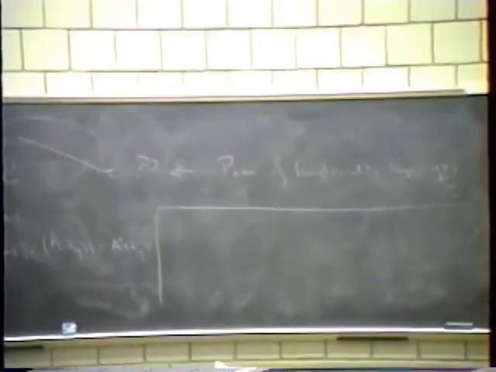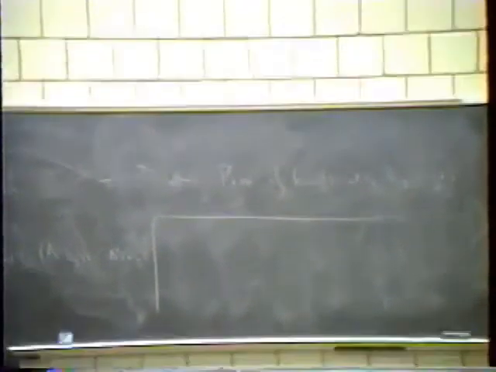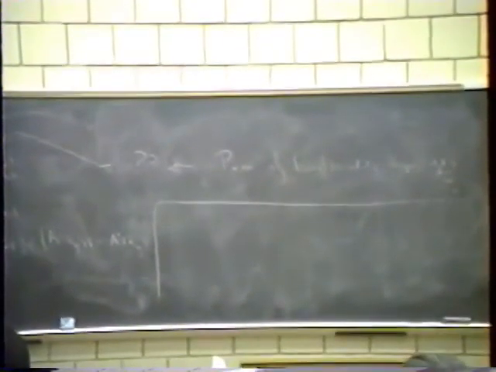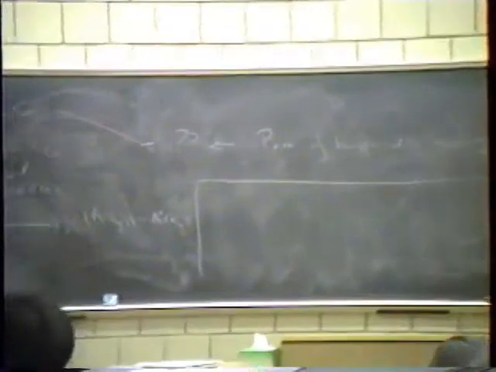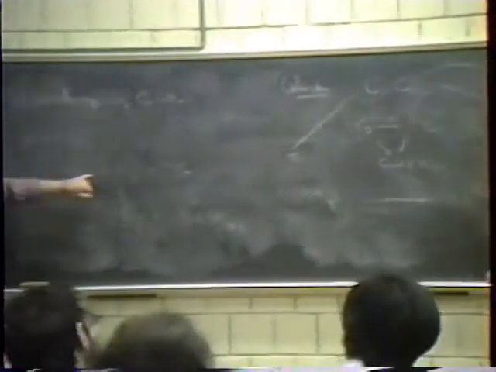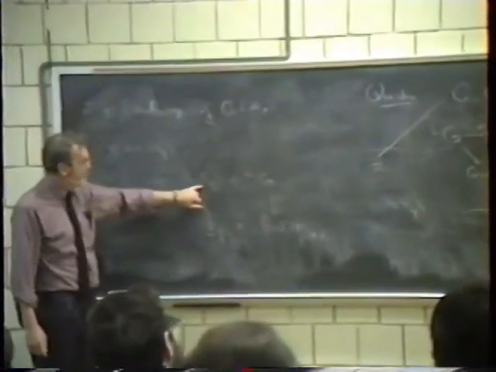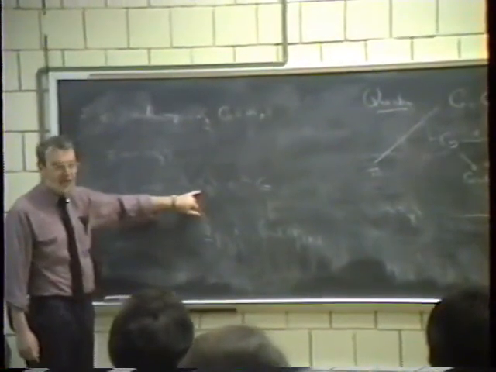Namely, what I've just said is that if I have pi, I have almost the ingredients for building an L function. Namely, I have at every place P an object, right?